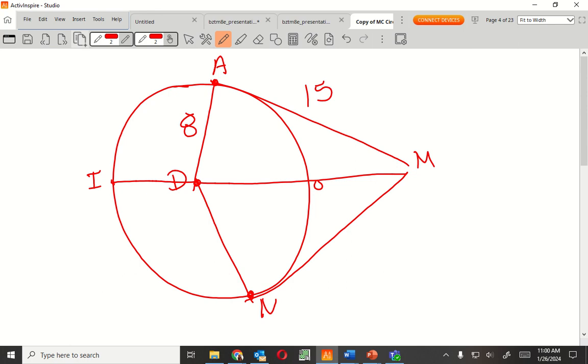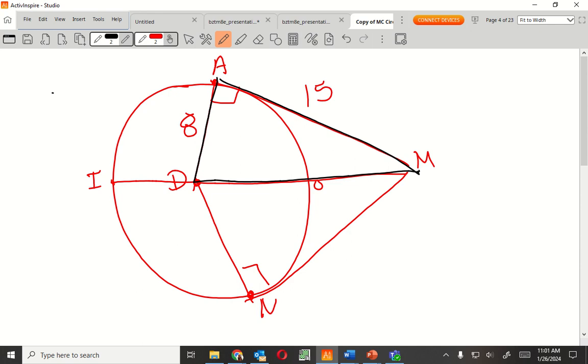So since this is a right triangle, this is a right triangle. The sides that I have in this right triangle.